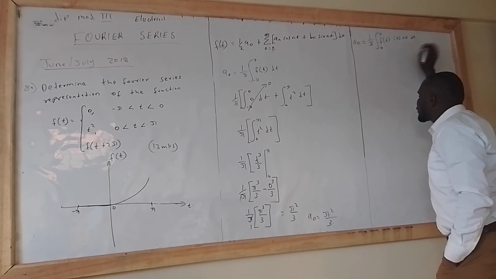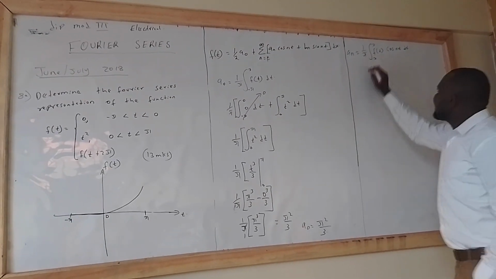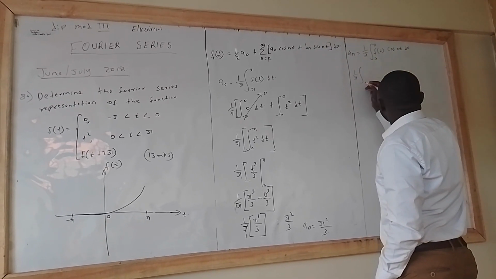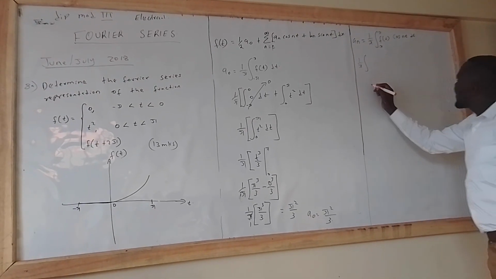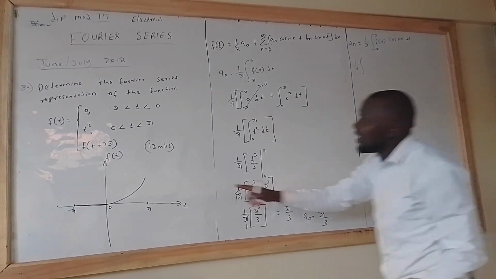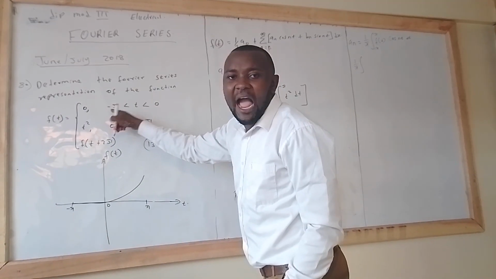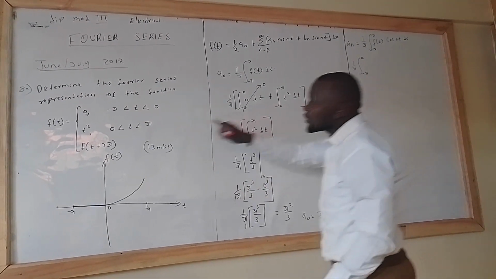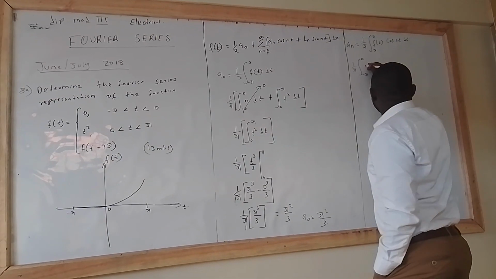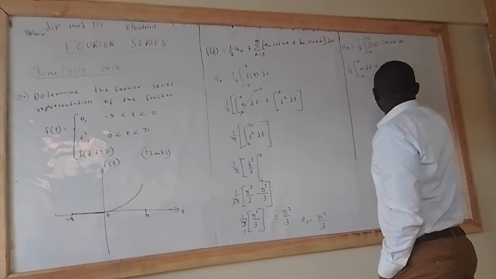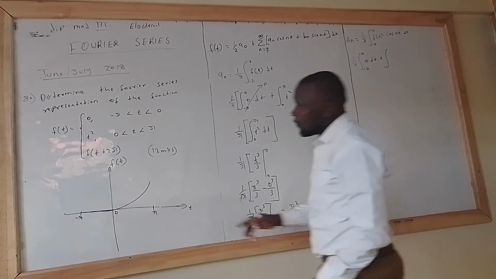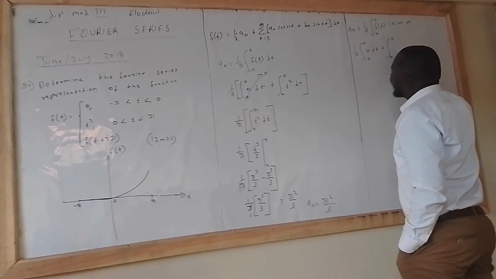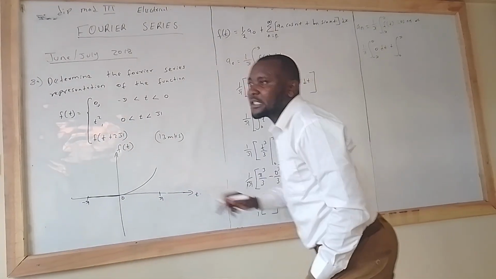Therefore, I have 1 over pi, the integral in the range of negative pi to 0, and the function is still 0, dt, plus the integral of the range of 0 to pi, and the function that we have is t squared.